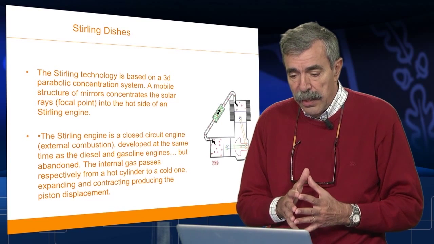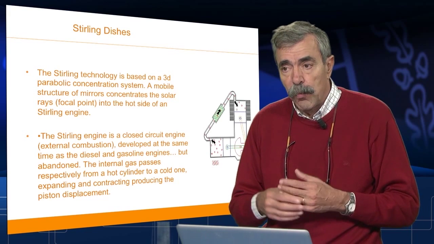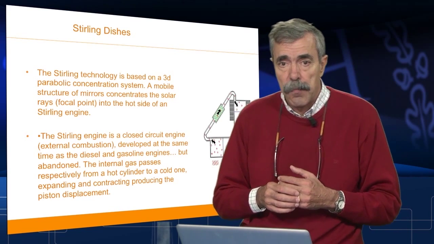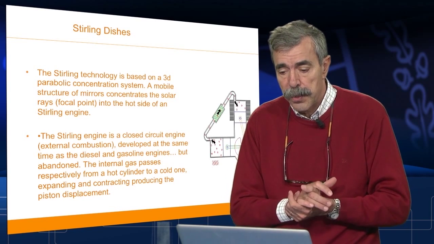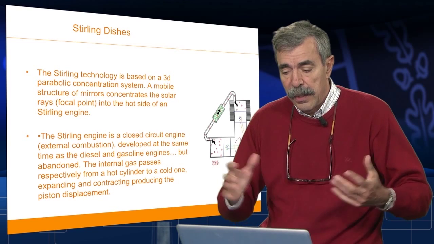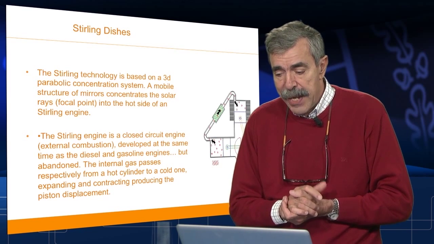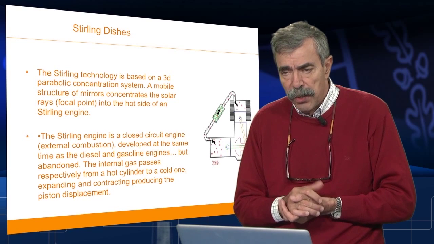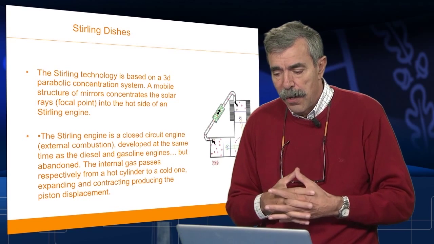Let's say that it's a thermal engine that was designed at the same time as the diesel engines or the gasoline motors, in the early 1900s. But then it was not developed. There are not too many applications for those motors.